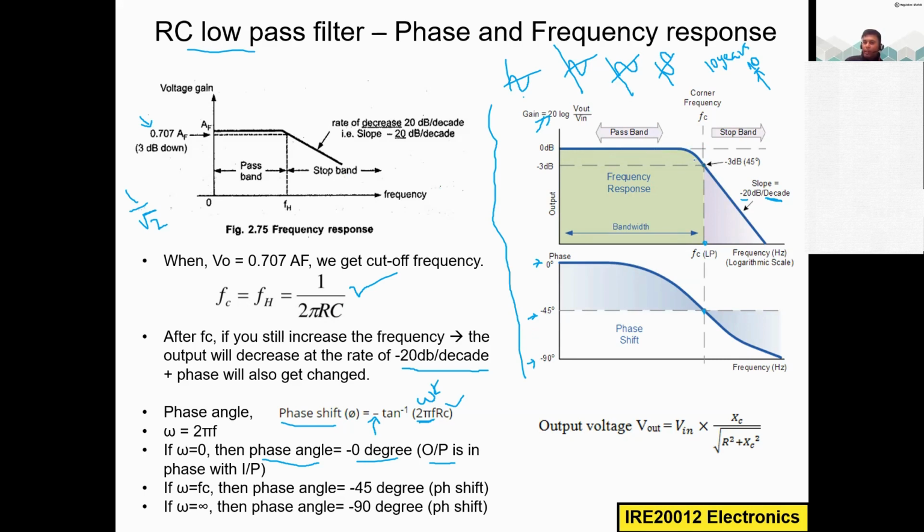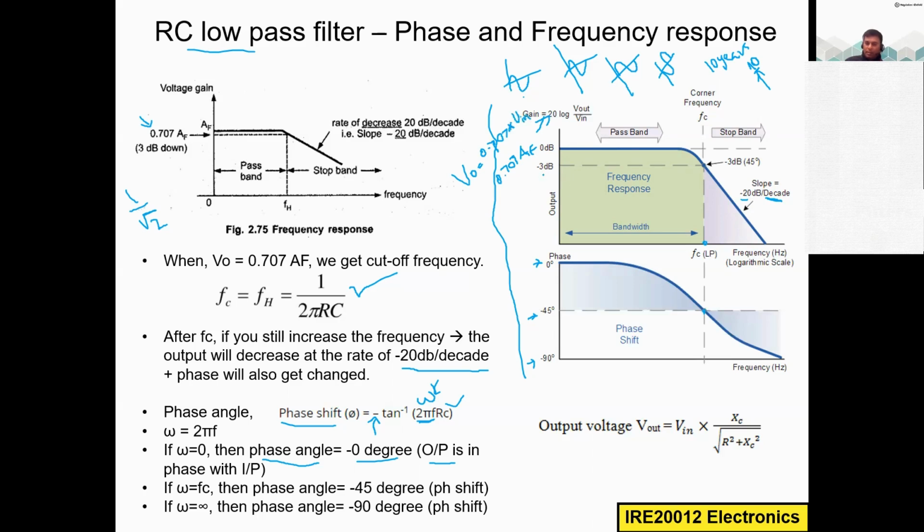When the output meets this cutoff frequency value, here you can see the voltage gain is minus 3 dB. That is 0.707 times of AF. Simply, if we talk about V out, this is 0.707 times of the input, if you assume the gain is a unity gain.